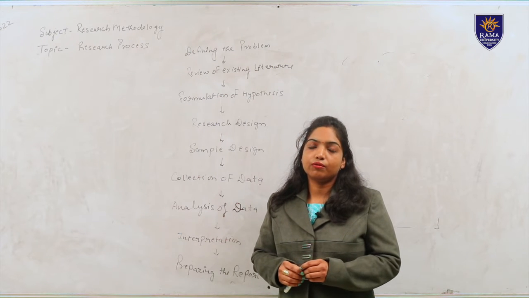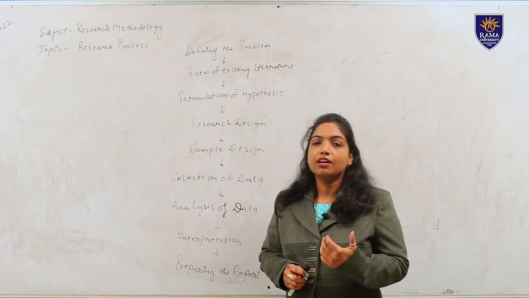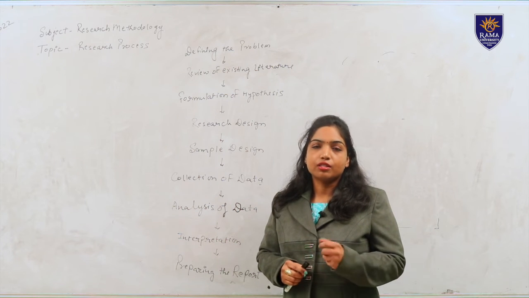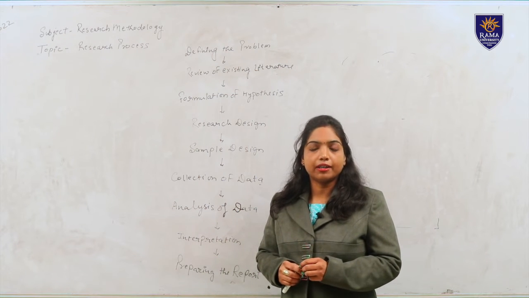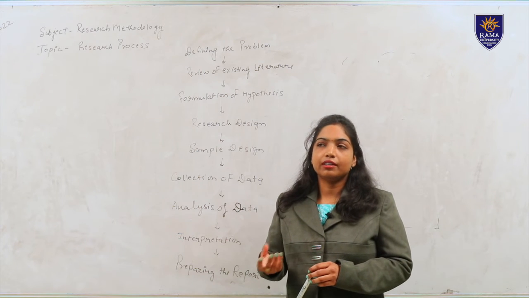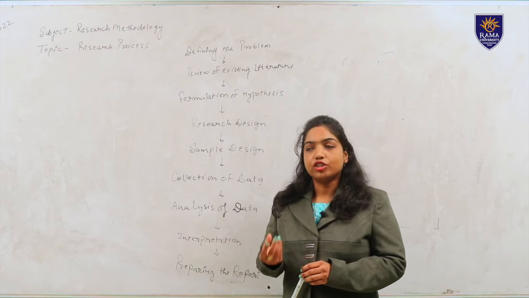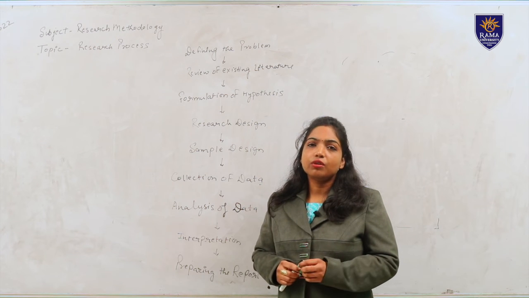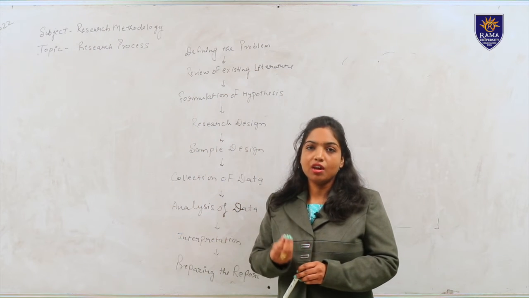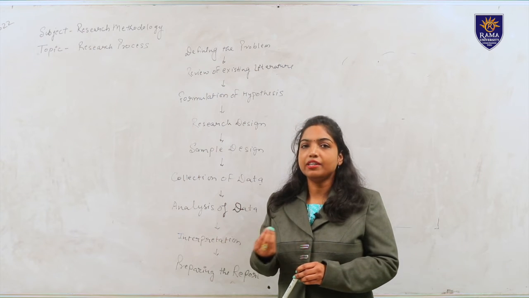Probability sampling is of many types, like simple random sampling, stratified sampling, systematic sampling, and cluster sampling. In non-probability sampling, we go for quota sampling, convenience sampling, and judgment sampling. According to the nature of the problem and the nature of the study, we can choose the different sampling techniques.